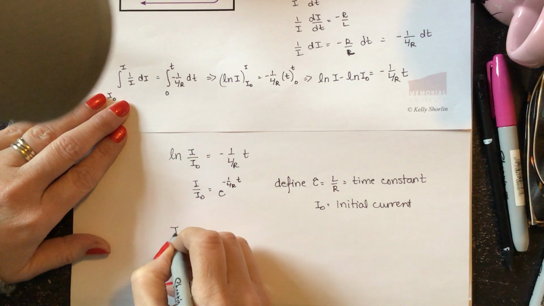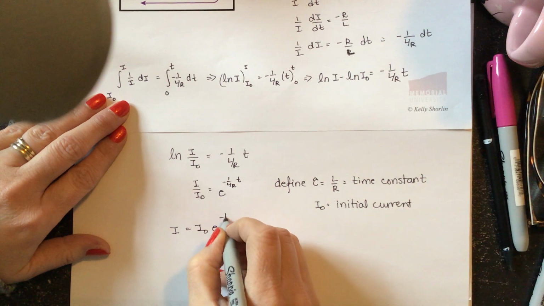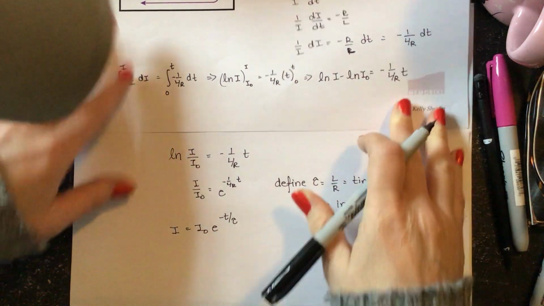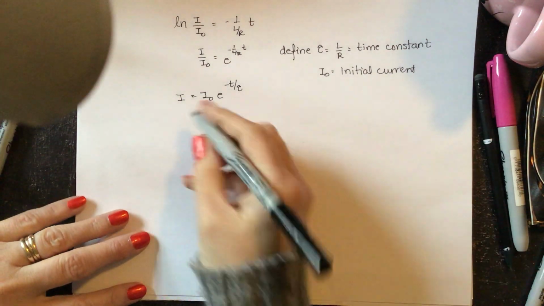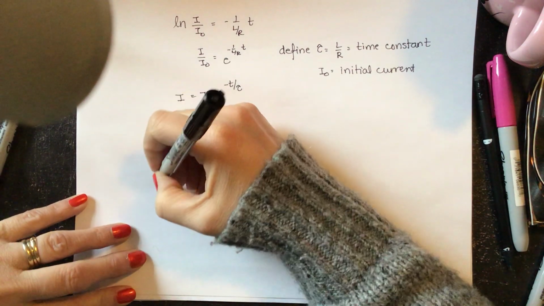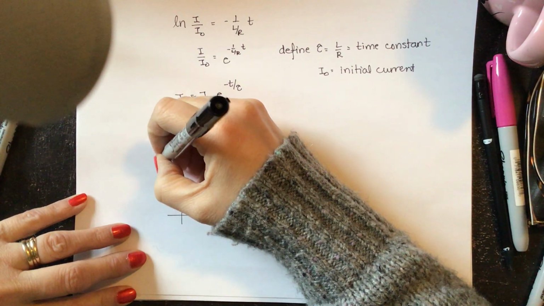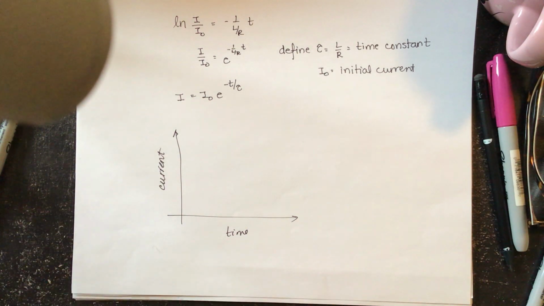That gives us that our current as a function of time is our initial current times e to the minus t over tau. So our current falls off as a function of time. We could plot that if we wish, and it falls off exponentially. We have our current I on the vertical, our time t on the horizontal.